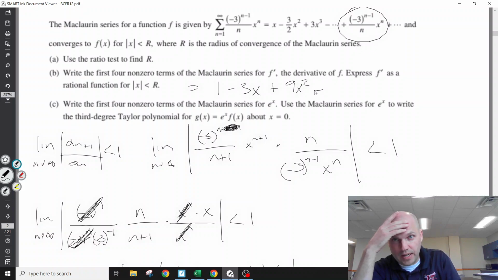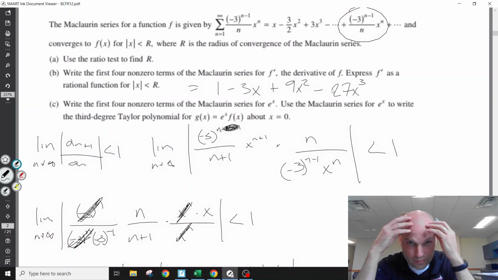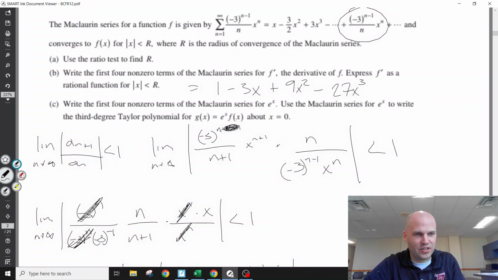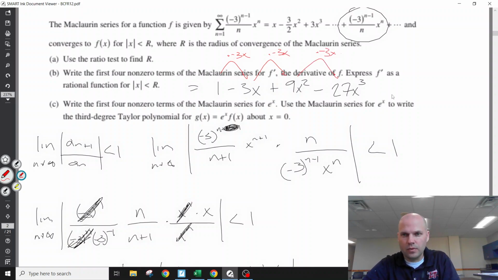You can go ahead with the next one, which is going to be 27x cubed, if you guessed. Write it as a rational function. This is cruel, but it is important. You notice there's a common ratio, there's an r. You just keep multiplying by negative 3x.